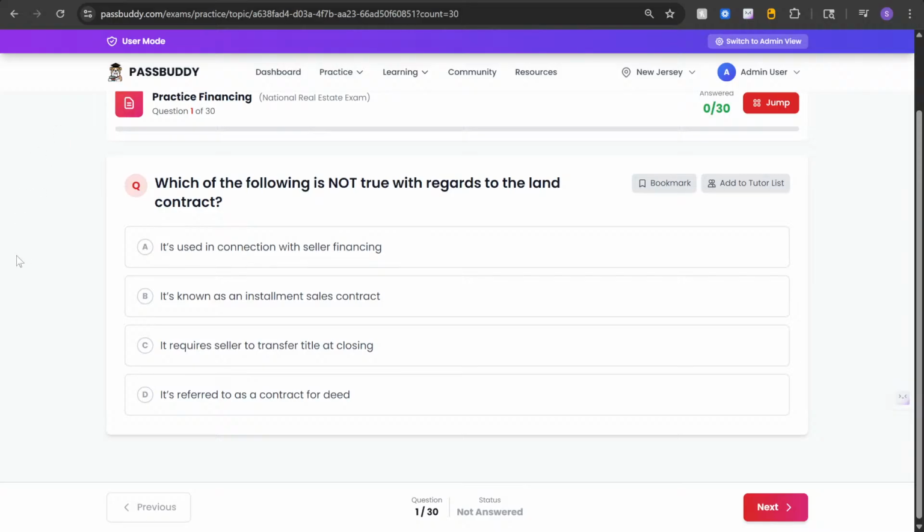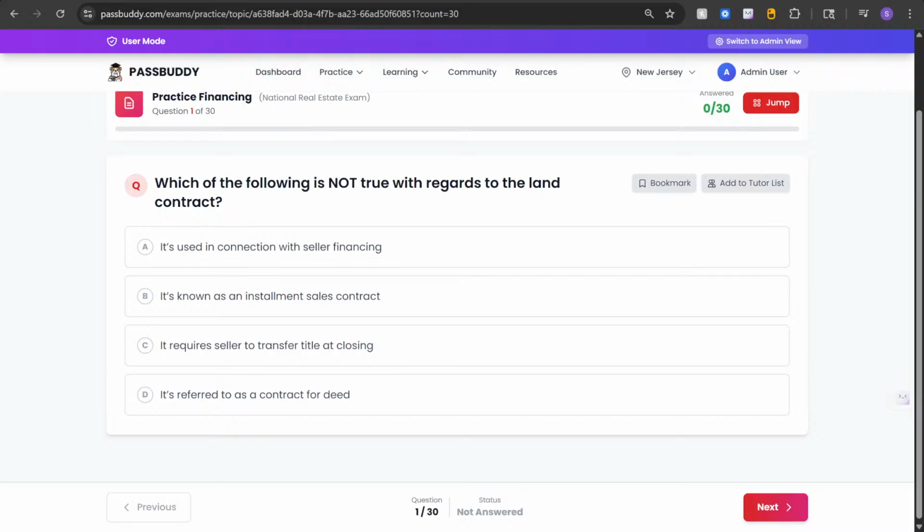Several names that we might refer to it as are going to be an installment sales contract, okay, or a contract for deed. So those two are out. Okay. So now it's used in connection with seller financing. That's one statement. Or it requires the seller to transfer title at closing. So which one is false?